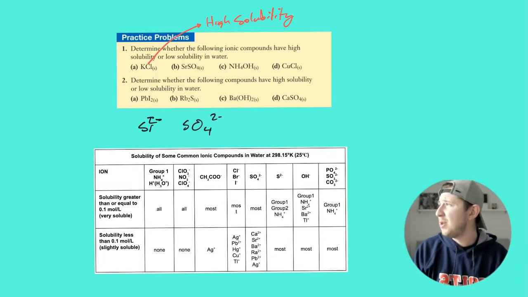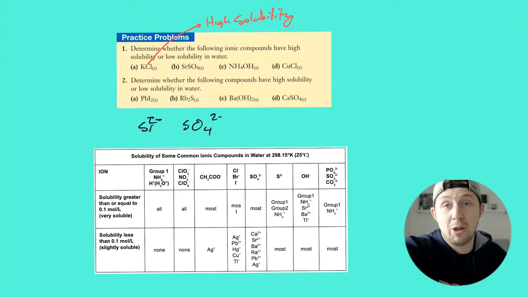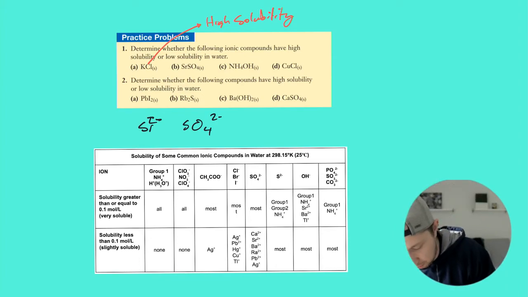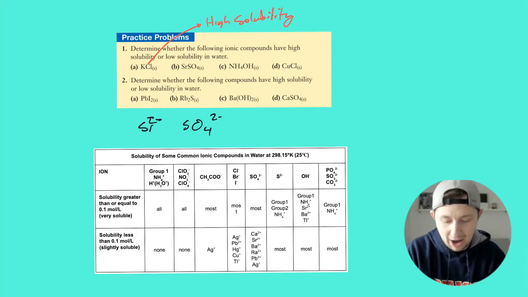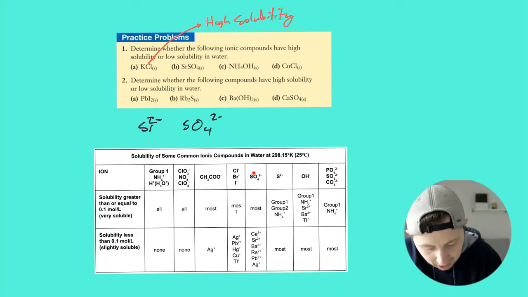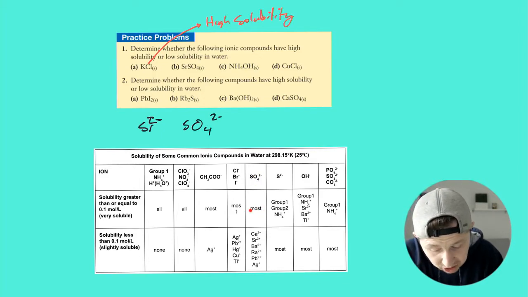So what we need to do now is go to our solubility table. All right, so let's rip over to our solubility table. We're probably looking for our anion, and so here it is. Here's our SO4 2-. Now, we go down here, and we find out that most of them have a high solubility, with the exception of calcium, strontium, barium, radium.